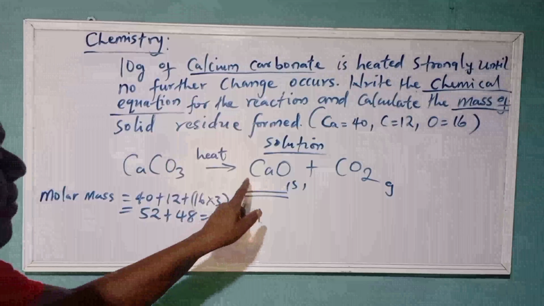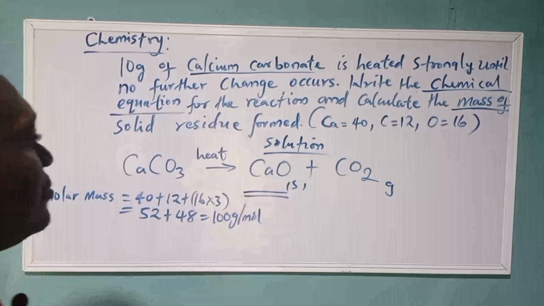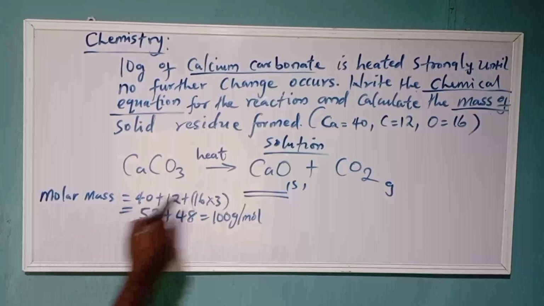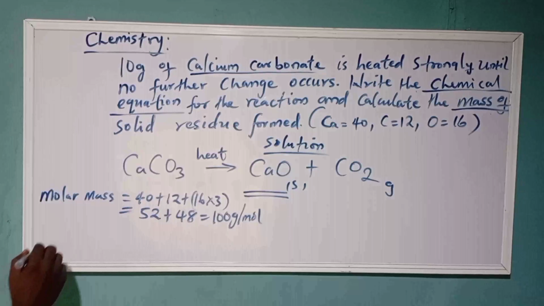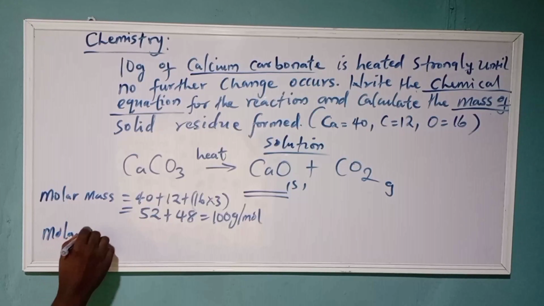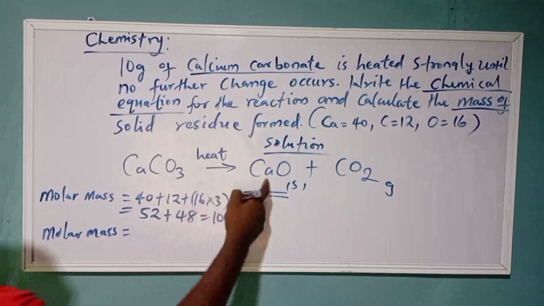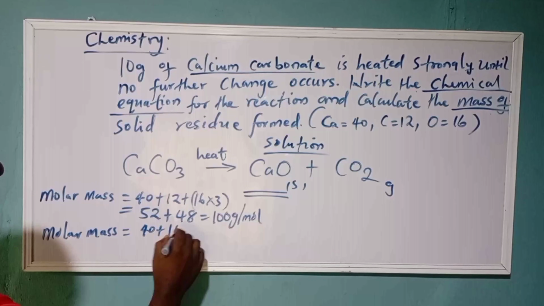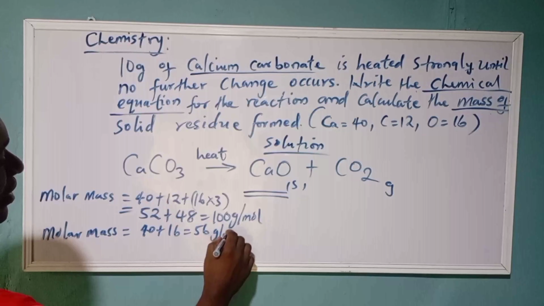Now let's calculate that of calcium oxide. For calcium oxide, we want to calculate the molar mass, so that will give us 40 plus 16. That gives us 56 grams per mole.